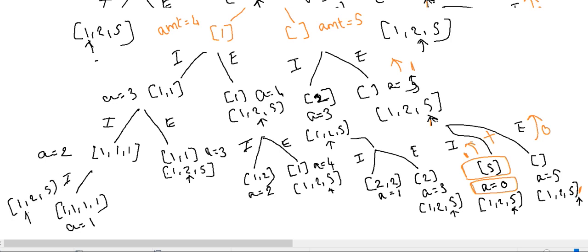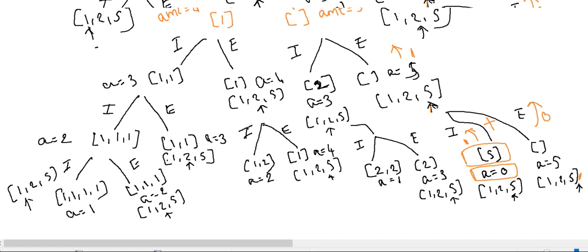My pointer is still pointing here. And here I'm going to do exclude. If I do exclude, I will have 1, 1, 1, amount is 2, and my pointer is going to point to 2 because I'm going to increment my pointer, right?